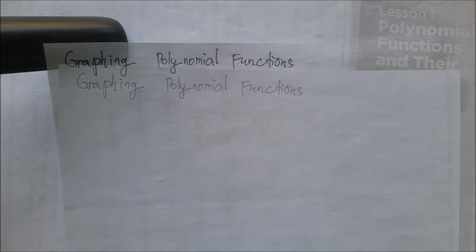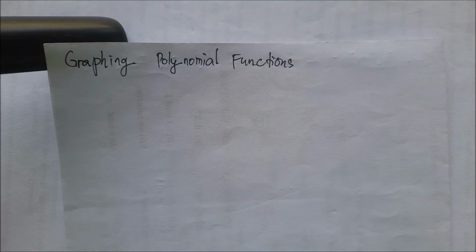Let's start with graphing polynomial functions. The domain of a polynomial function is the set of real numbers. The graphs of polynomials of degree 1 or 0 are lines, while the graphs of polynomials of degree 2 are called parabolas.